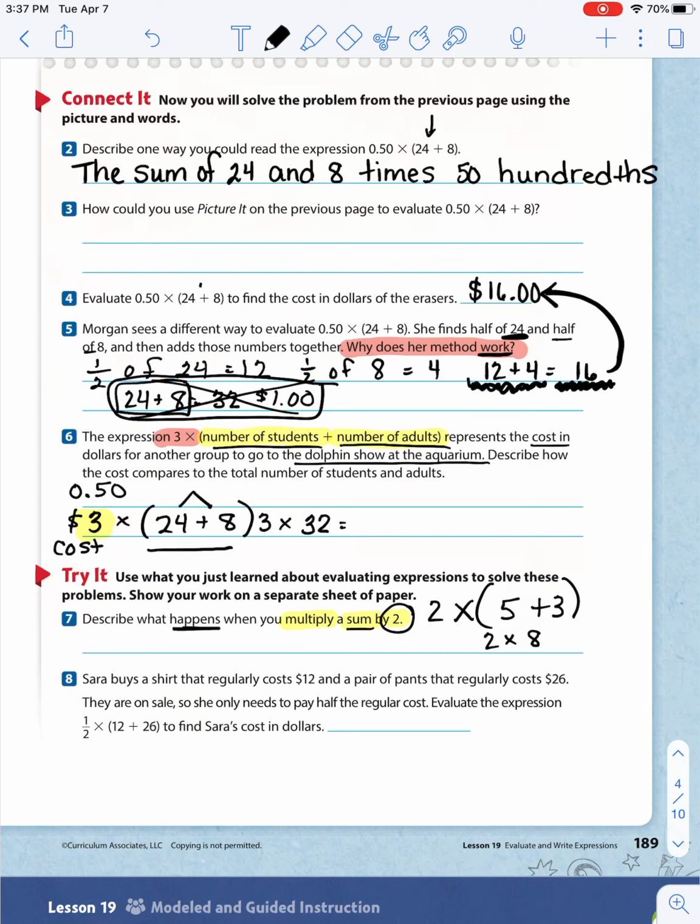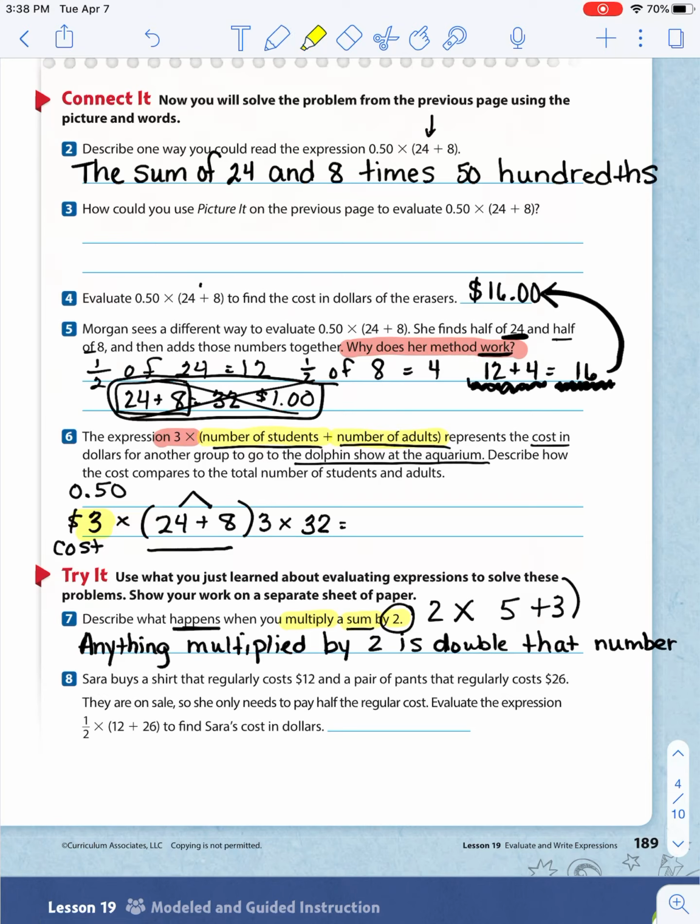Hope I gave you enough time to think about that. Boys and girls, what happens when you multiply anything by 2? Anything multiplied by 2 is double that number.